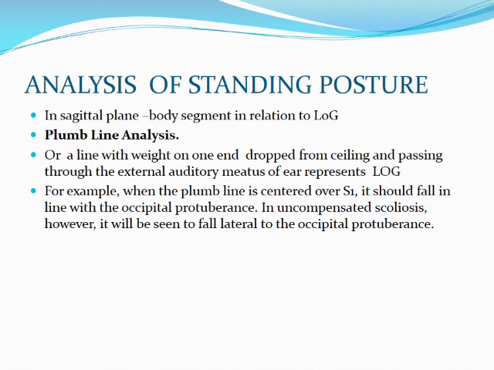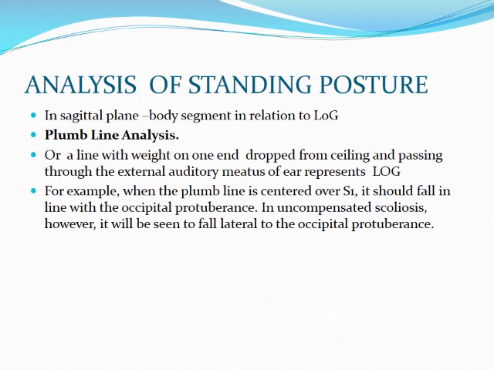So when it comes to the analysis of posture in the sagittal plane, we have observational analysis, and that is done by locating the body segments in relation to LOG, the line of gravity.